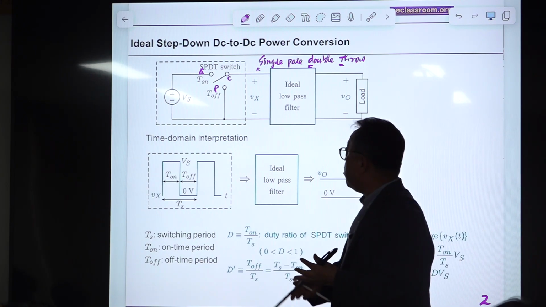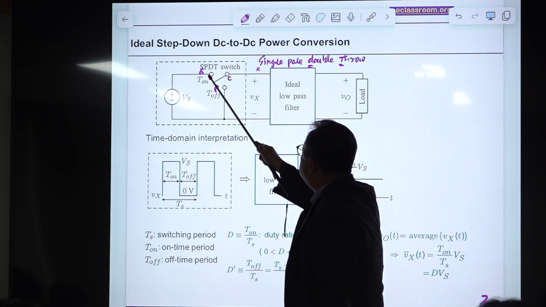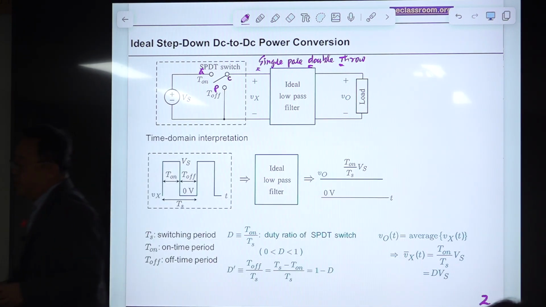So the inductor should be connected to either this one or this one all the time. A is the active terminal where the active switch will be connected.